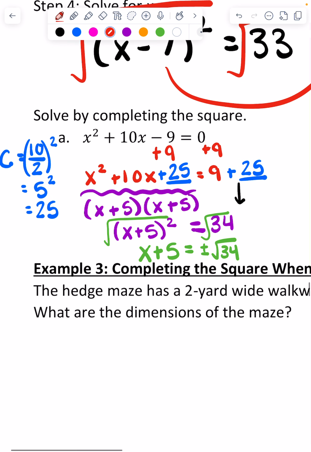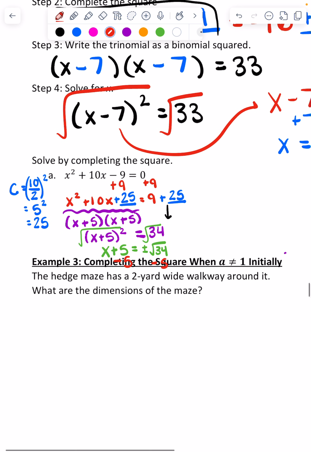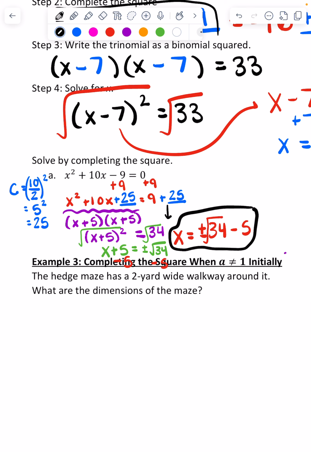And our very last step, you guys, we're going to minus away that 5 because we want to find out what just x equals. And that entire expression is our final answer. Oop, almost forgot my square root. So this right here, guys, we can leave that exactly how it is. Again, in class, we're going to practice finding the decimal versions of this, but this is a perfectly acceptable answer for now. No need to simplify any further.